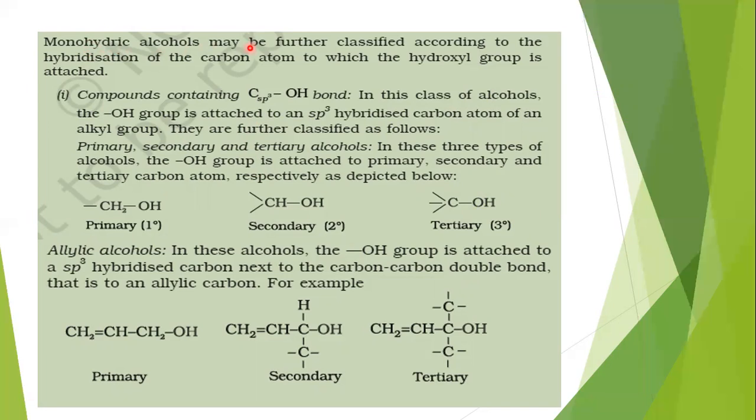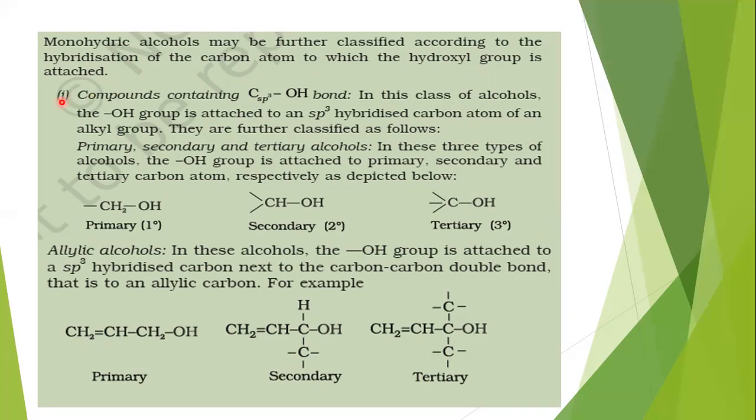Now, monohydric alcohols may be further classified according to the hybridization of the carbon atoms to which the hydroxyl group is attached. Classification. So we are going to see about these monohydric alcohols. So they are further classified according to the hybridization of the carbon to which the OH group is attached.